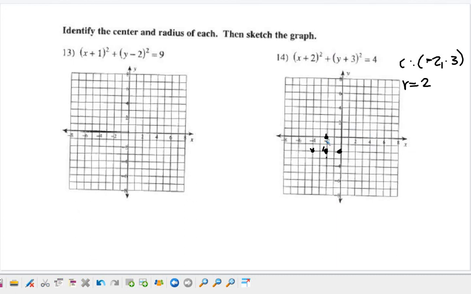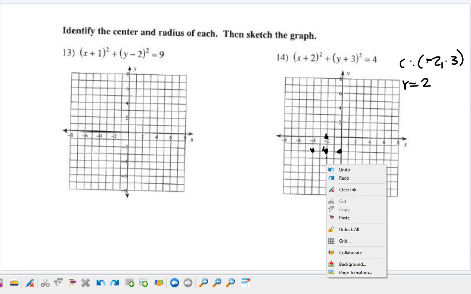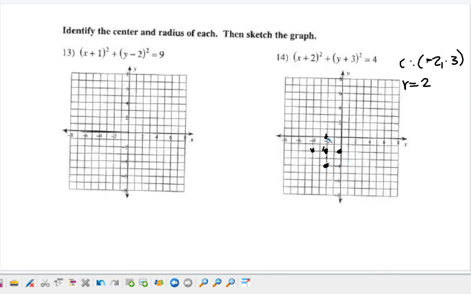It's just not going to let me do it. All right, there we go. Now we have a circle.